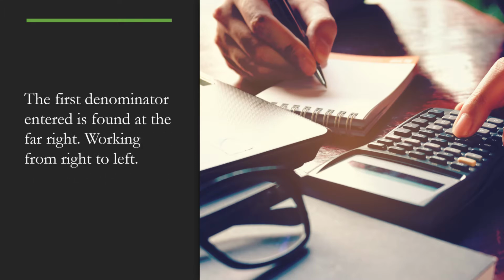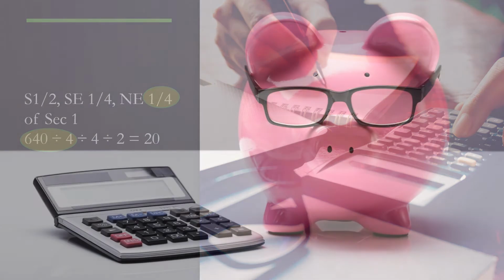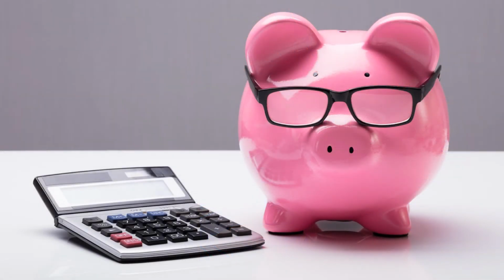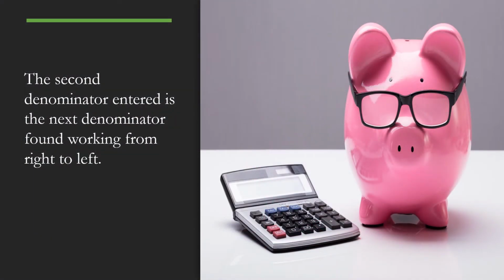So restating that, the first denominator entered is found at the far right, and you work your problem from right to left. As shown here, you're starting with 640 divided by 4, which matches up to the 1/4 that is highlighted for you. The second denominator entered is the next denominator found, working from right to left.